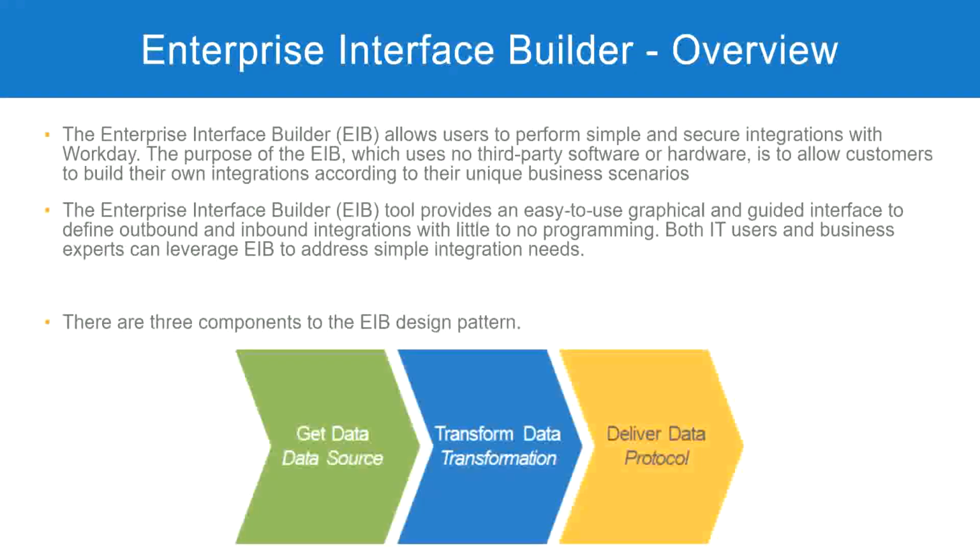That is something we have to configure. Do we need transformation? If yes, configure that. If no, leave it blank. And then deliver the data: how are we going to send the data to an external system? We have to configure that as well. So once we do these 3 steps, our EIB is ready. We are going to start exchanging information from Workday with an external system.